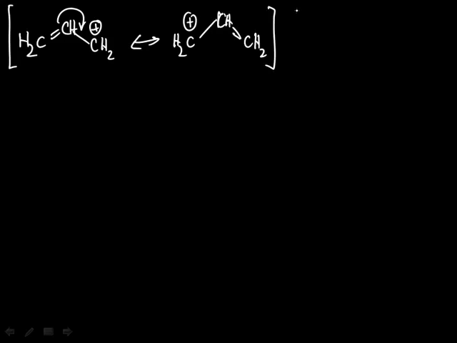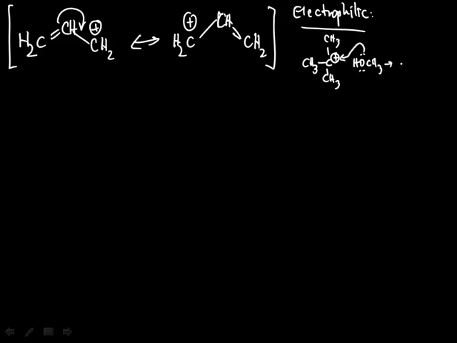And cations in general are electrophilic because they are electron deficient. So a cation such as the tert-butyl cation will react with ethanol, or methanol for that matter, to form a species which looks like this.